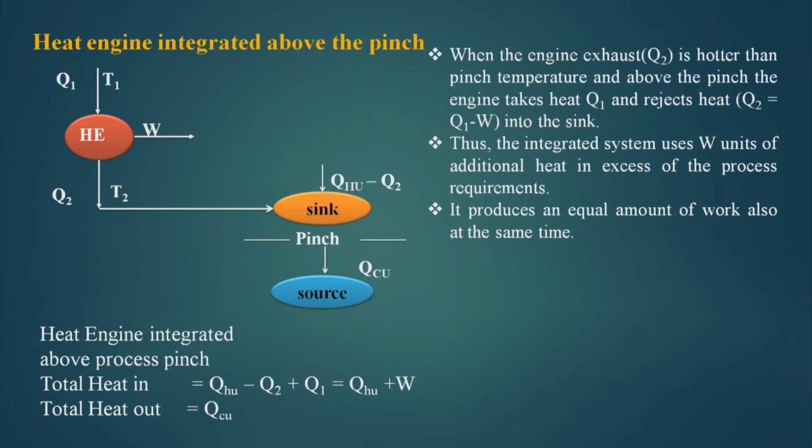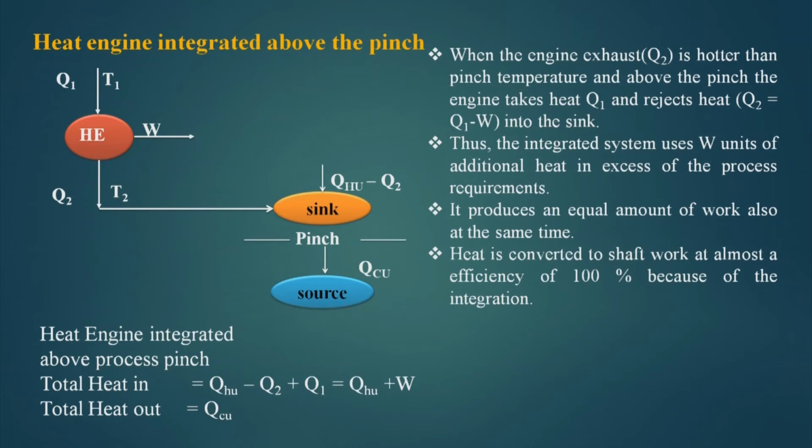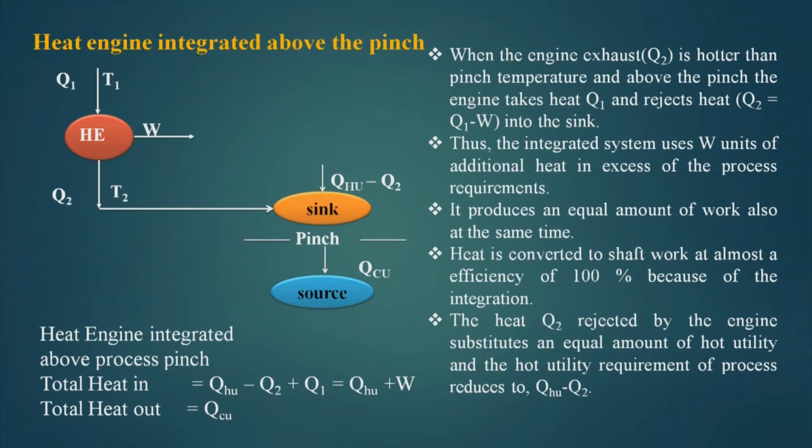It produces an equal amount of work also at the same time. So, heat is converted to shaft work at almost 100% efficiency because of the integration. The heat Q2 rejected by the engine substitutes an equal amount of hot utility, and the hot utility requirement of the process reduces to QHU minus Q2.